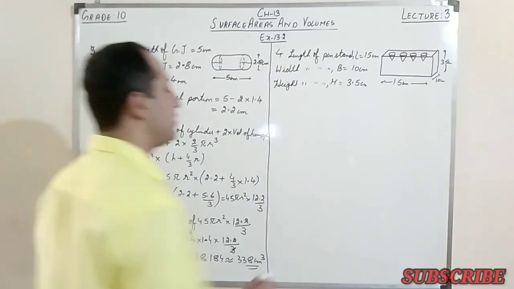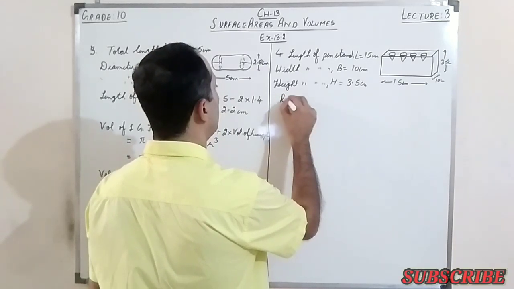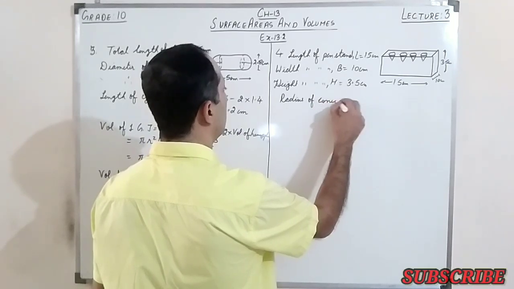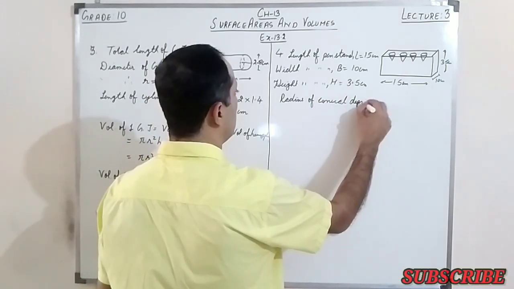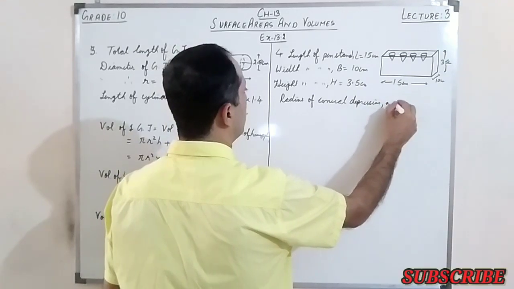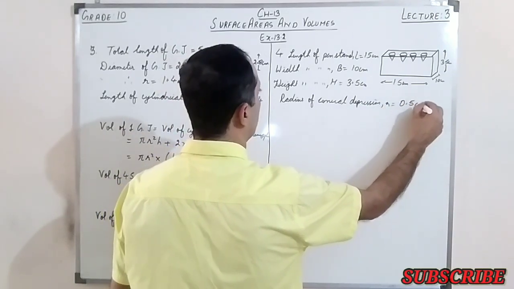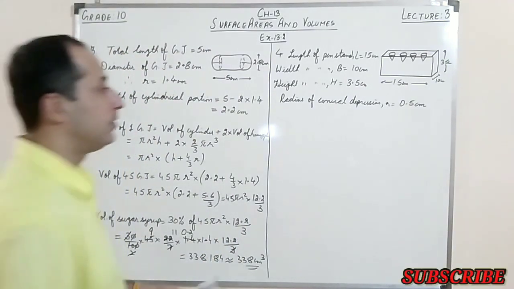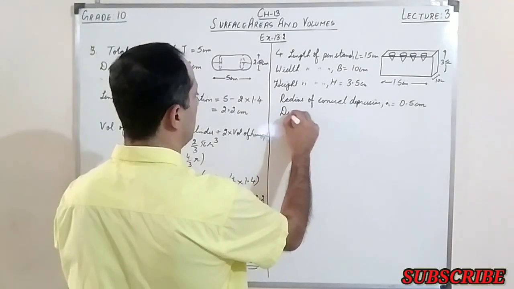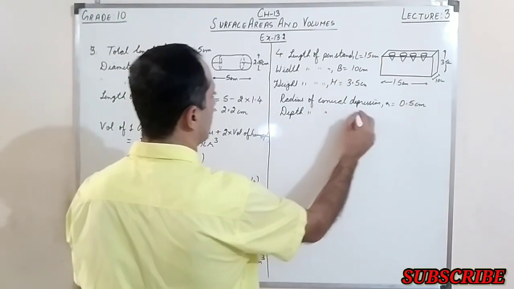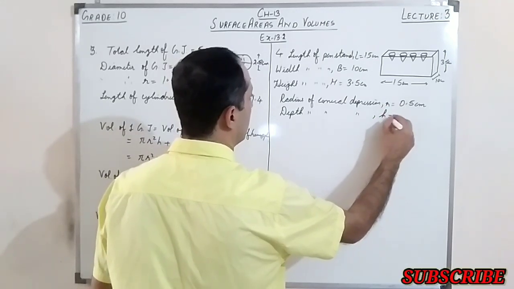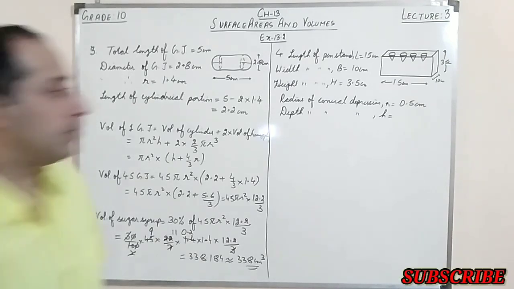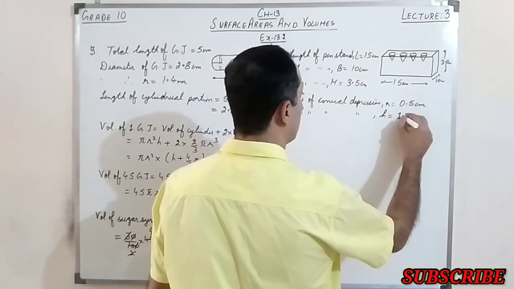The radius of each depression, radius of conical depression R is given as 0.5 centimeter, and the depth of the depression is 1.4 centimeter. So this is 1.4 centimeter which is given to us.